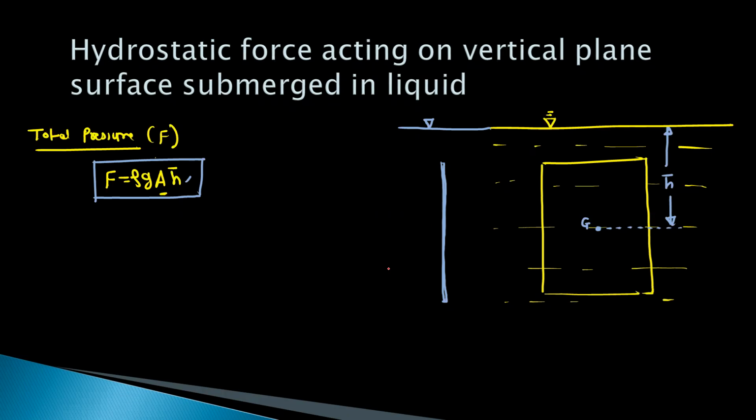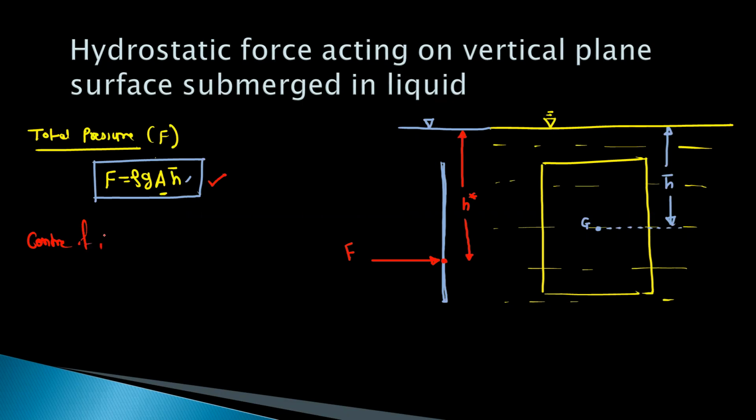Okay. So the center of pressure, so this is the total pressure, which is the F, that is nothing but this force. So this point with respect to the free surface is represented as H star. Okay, so this H star height, this is called the center of pressure.